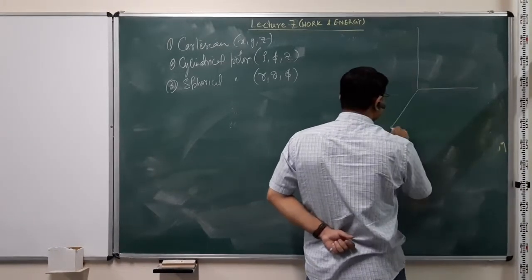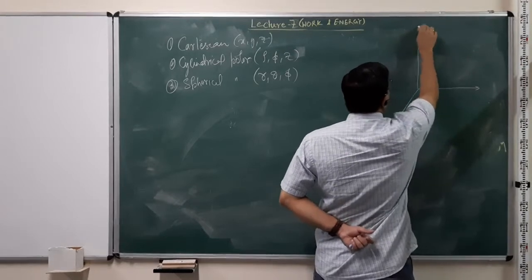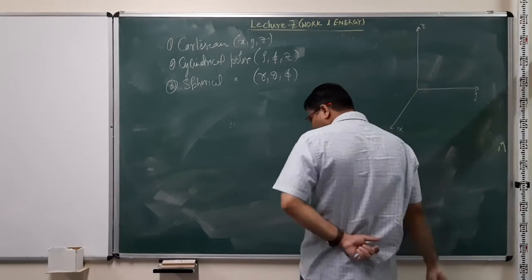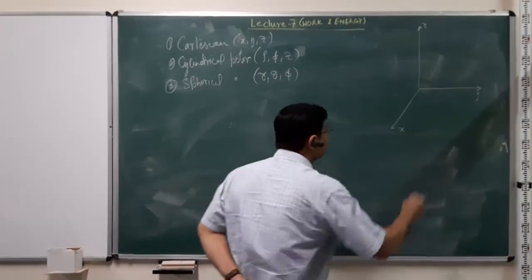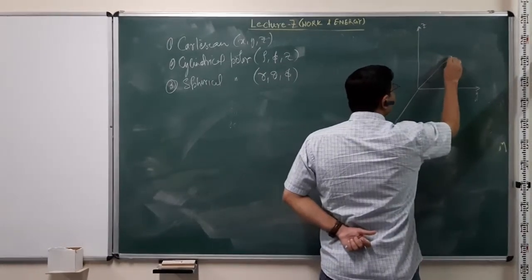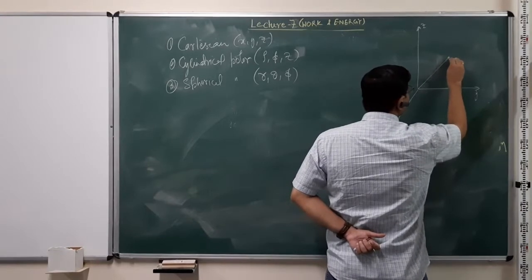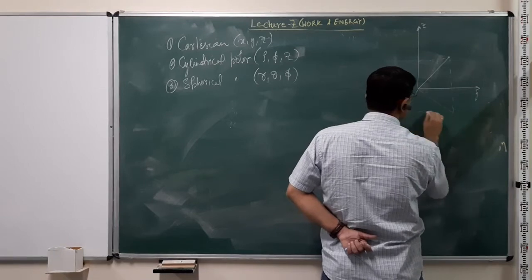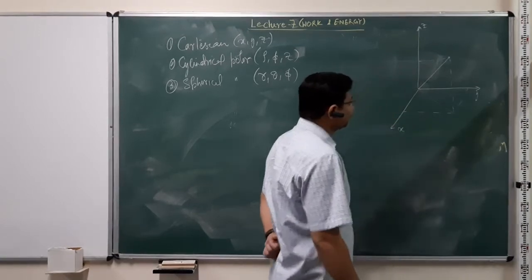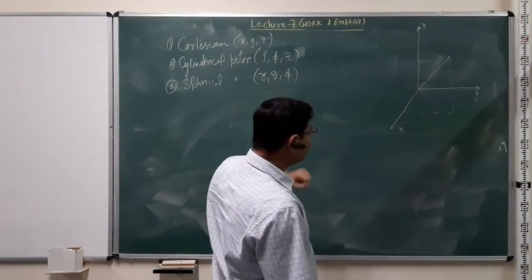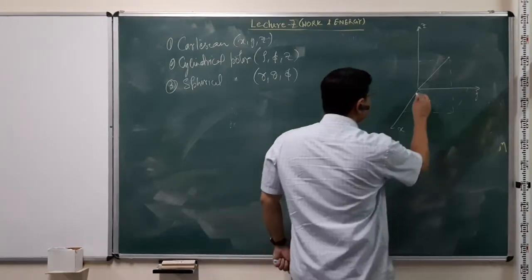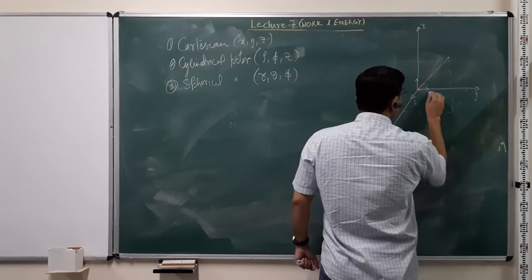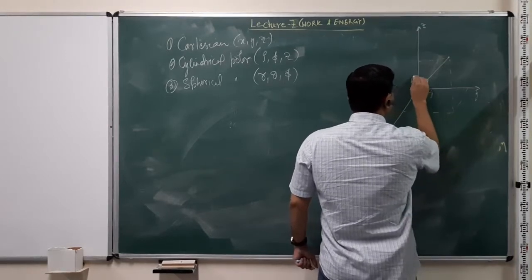Starting with x, y, z. If I have any given point, it's characterized by its location, looking at its projections on the 3 axes, and that gives the components x, y, z. It is characterized by 3 unit vectors i, j, and k.